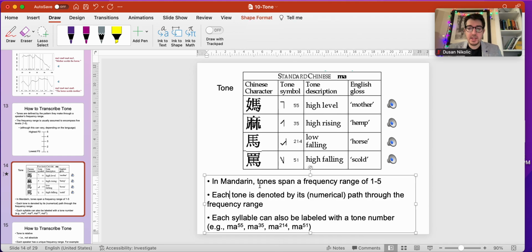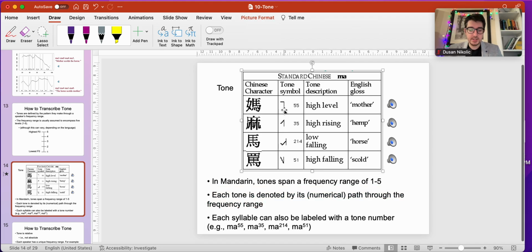As we said, in Mandarin, tones span a frequency range 1-5, and we describe them numerically like this. I would like you to know this and to try to describe them by using these numbers. Each tone is denoted by its numerical path through the frequency range. These drawings here are called the Chao tone letters.